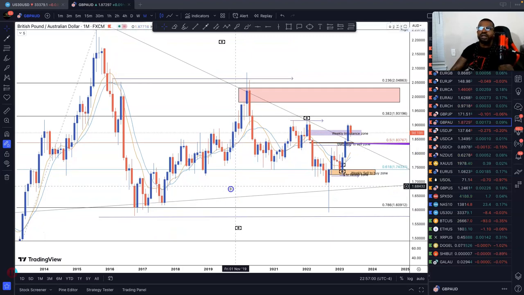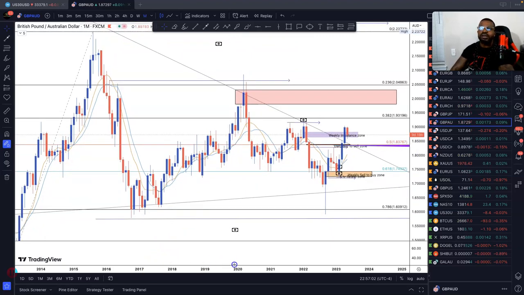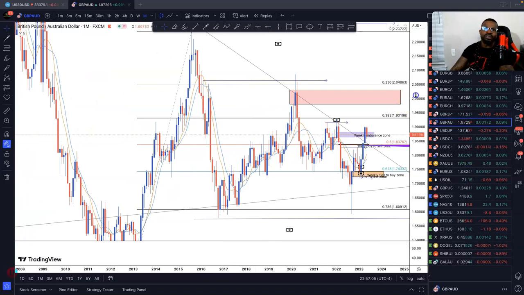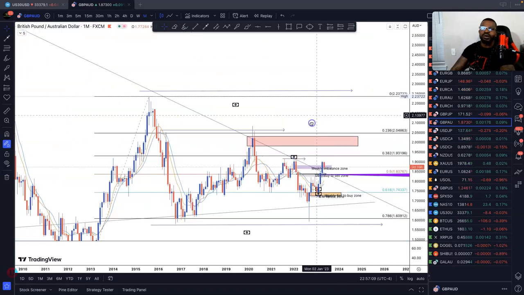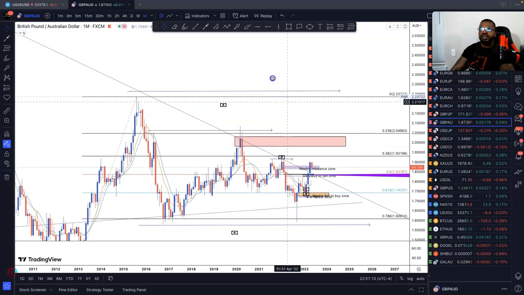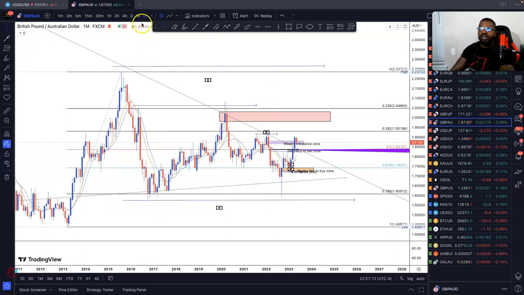So it looks like we were looking at another potential bull flag or breakout on the monthly. So it looks like we're looking at another potential breakout on the monthly. Right now, price broke above our trend line.